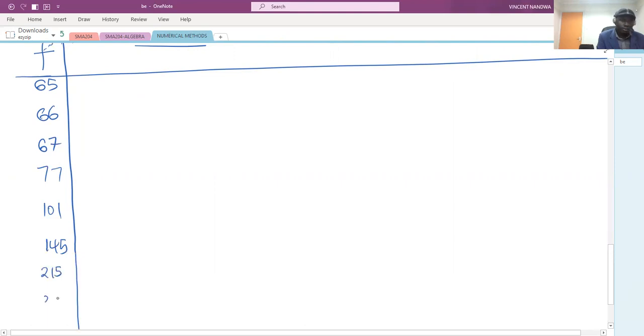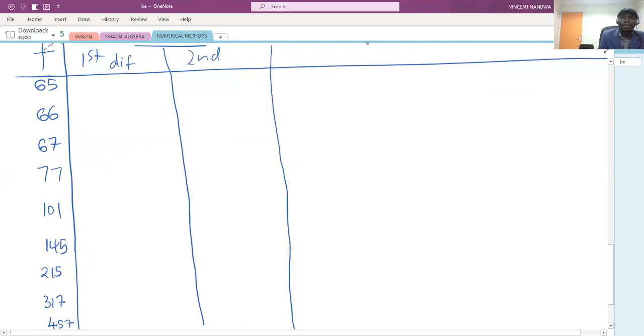Next will be 317, and then next will be 457. So we call this the first difference, second difference, third difference, fourth difference, fifth difference, etc.